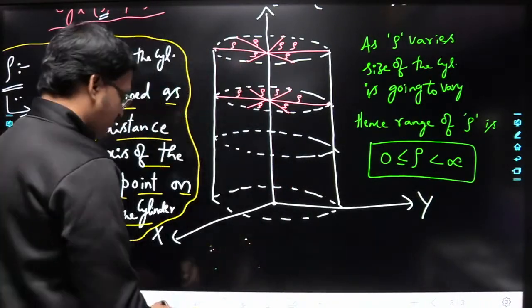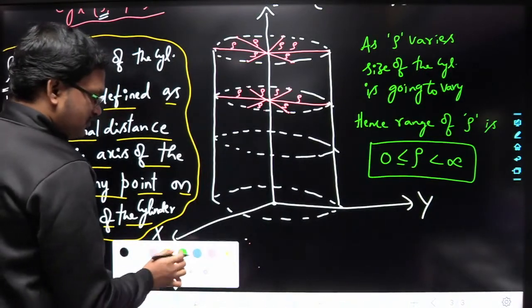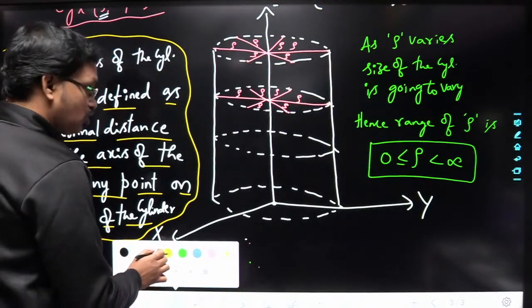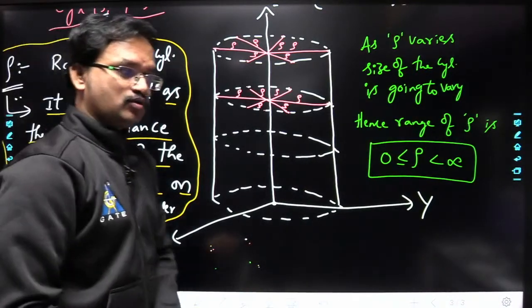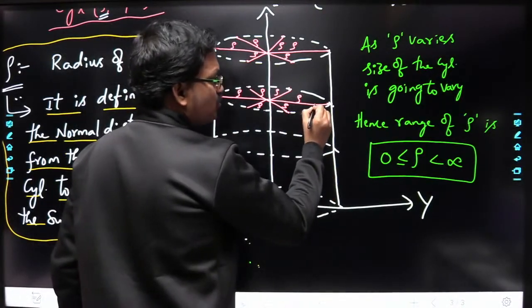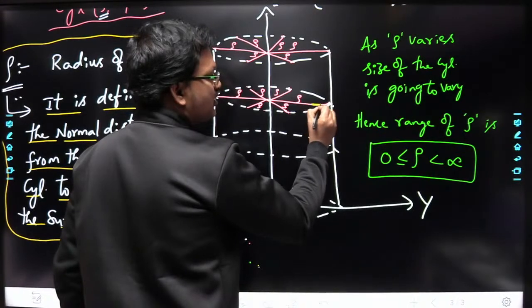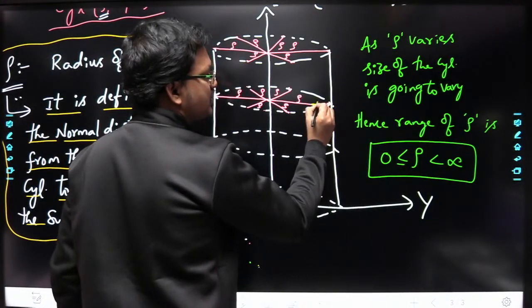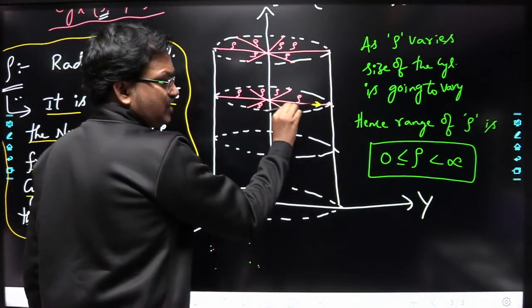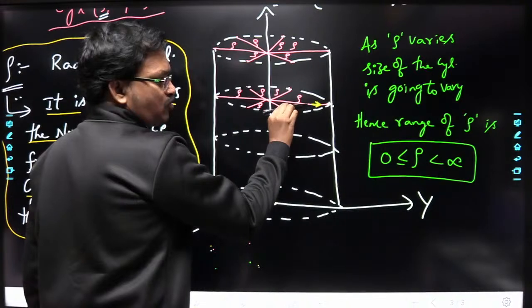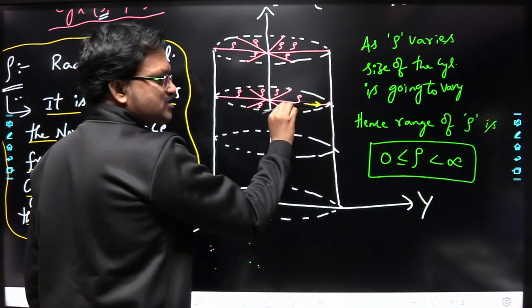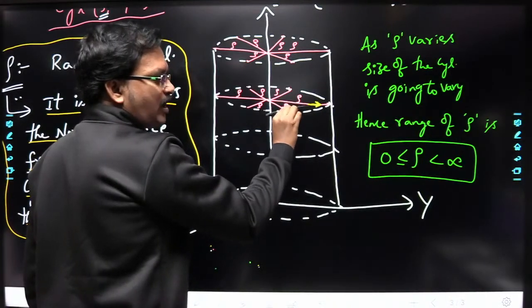Fine. Now we will see what is the differential length along rho. See here, if you consider a small differential length along rho, as you move along this differential length, are you moving along a straight line path, or along a curved path?